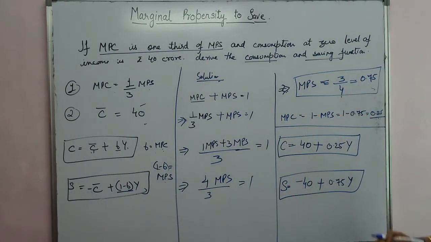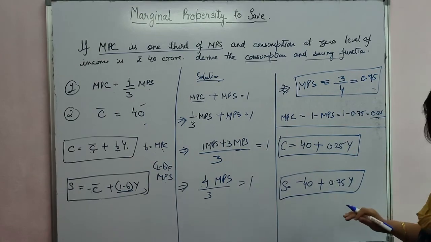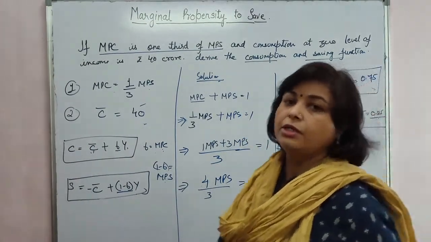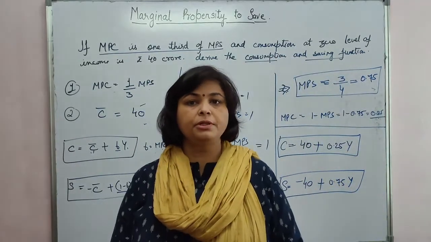In this way we can derive the saving and consumption function on the basis of MPC and MPS. Now we will solve one more example.